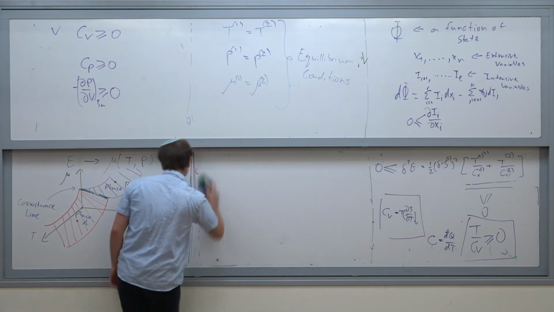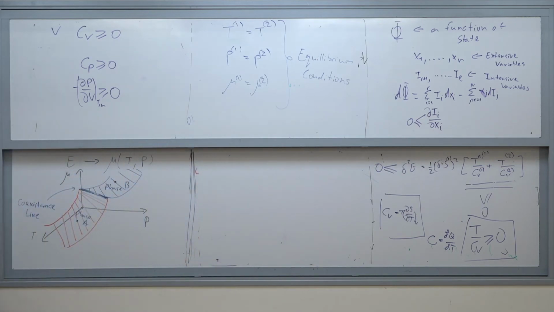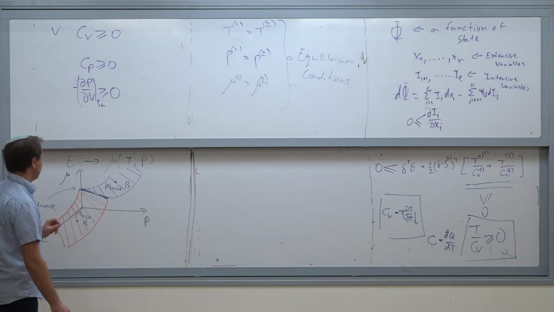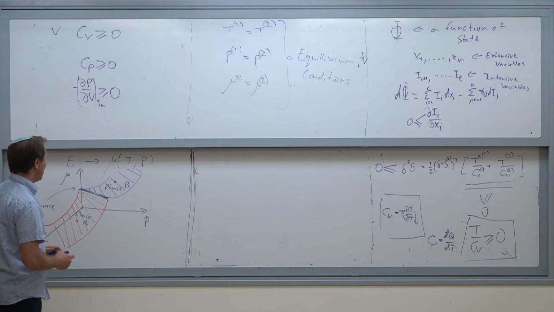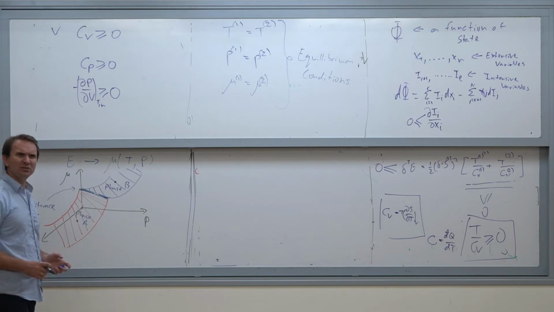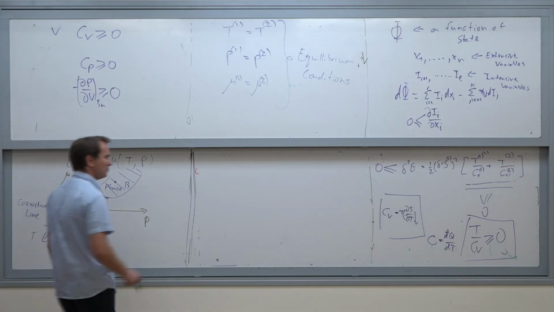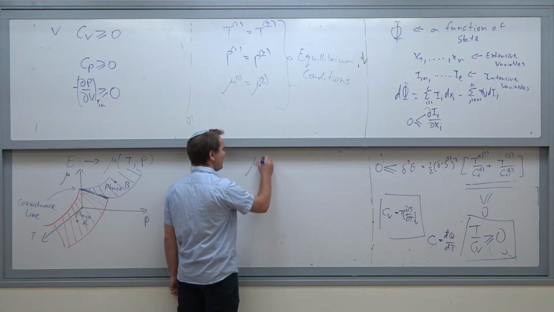But before we start to talk about these changes in mu, let's look at the coexistence line itself. What is the dimensionality of this coexistence line?